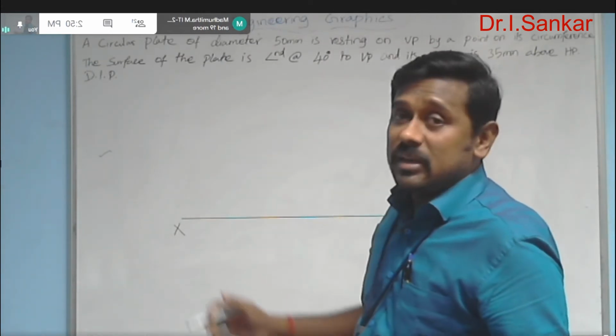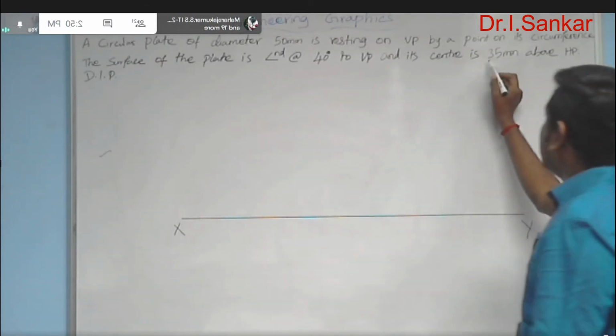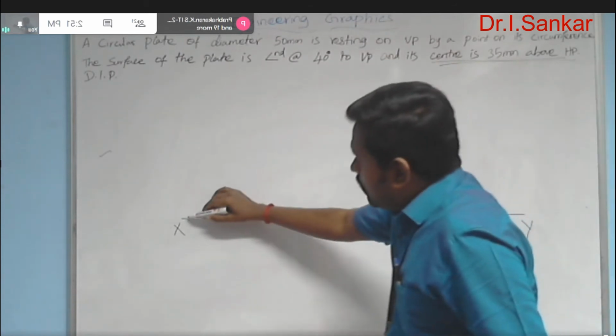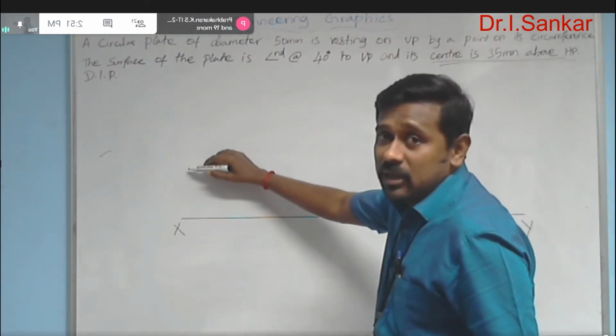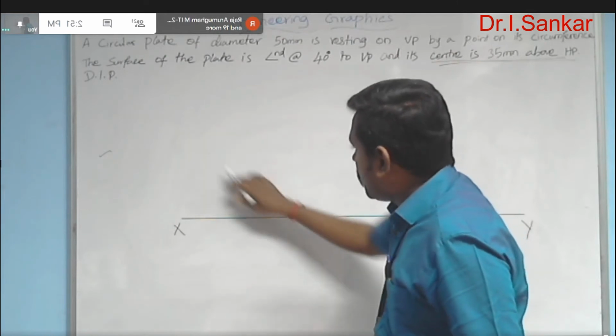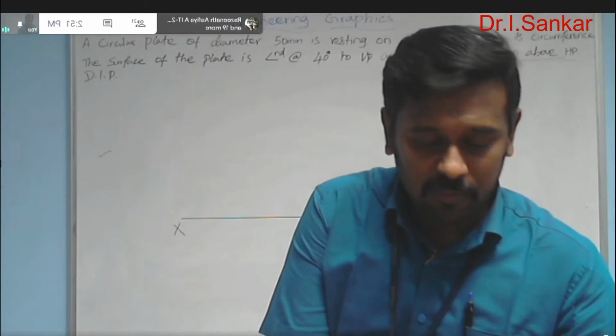And one more point here is that the circular base should be located with its center 35 mm above HP. So above XY you have to maintain 35 mm height. From that point you have to complete the drawing of the circular base. This is for the circular plane.